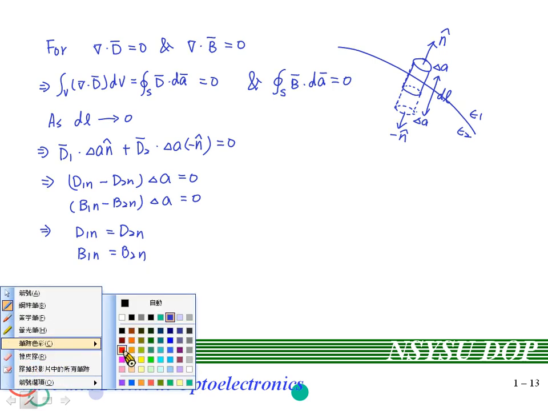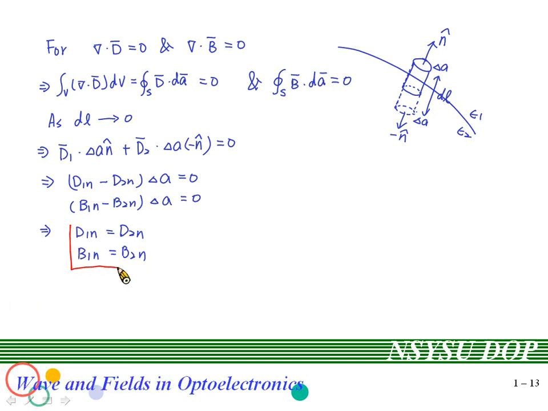These are the boundary conditions of the normal component, which tell us that the normal components of the D field and the B field are continuous.